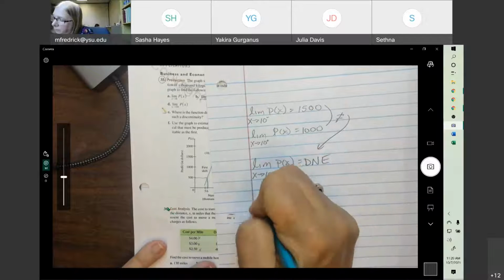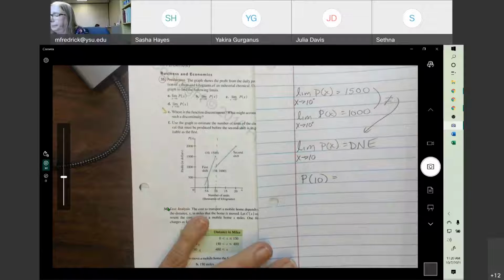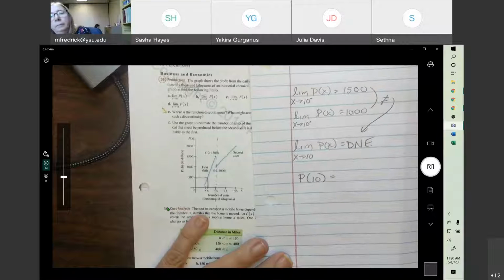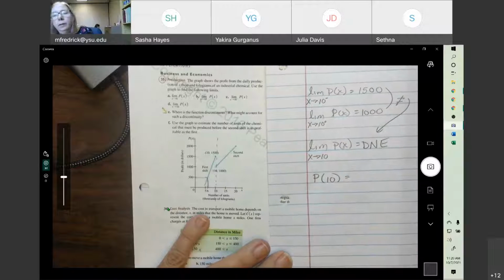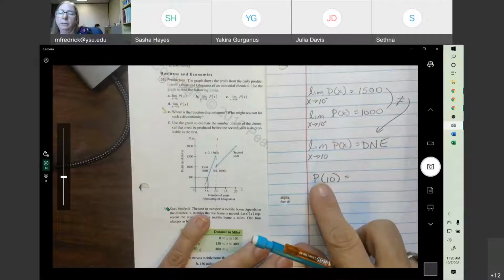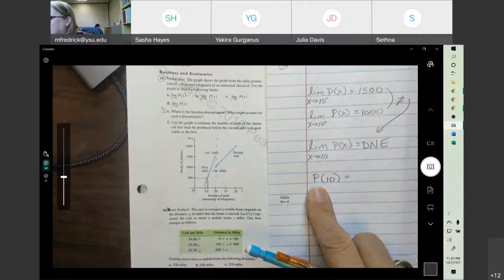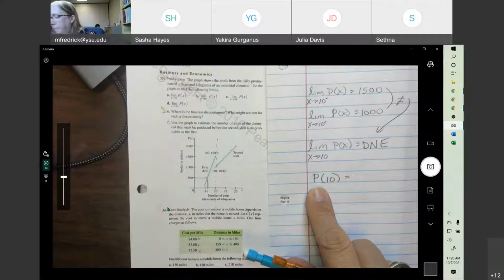How about the function at 10? Does it exist? So these ones we're looking at as it gets close. I'm sorry, I couldn't hear you. I said I think it's 1,500. It looks like the line is there.